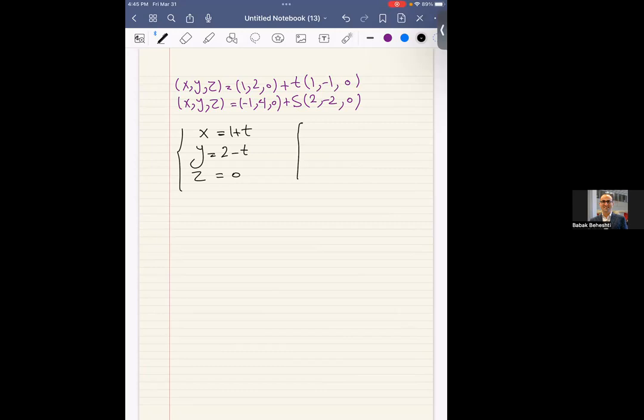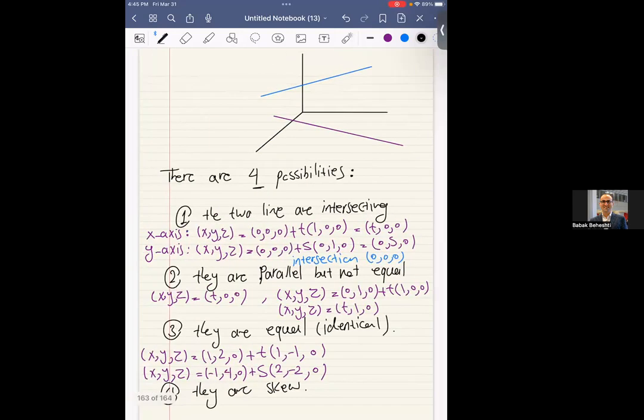The second line is given by x equal to minus 1 plus 2s, y is equal to... Oh, sorry, here I made a mistake. X must be -2.